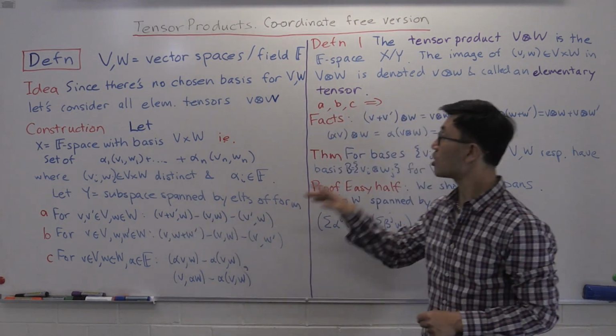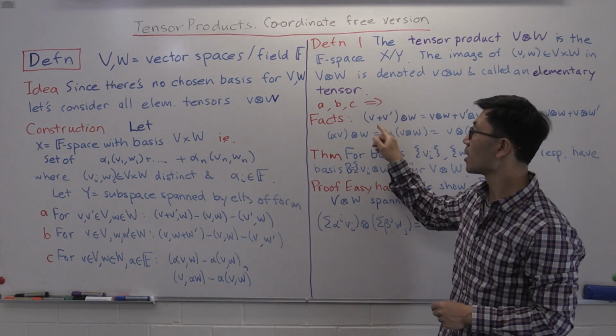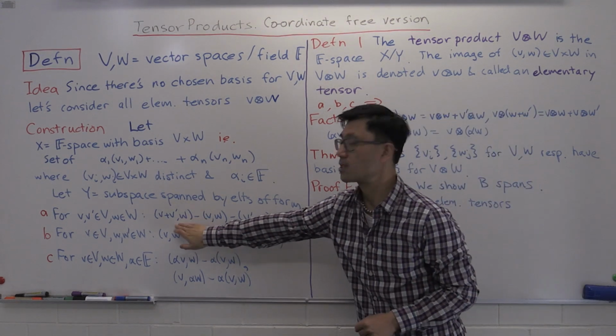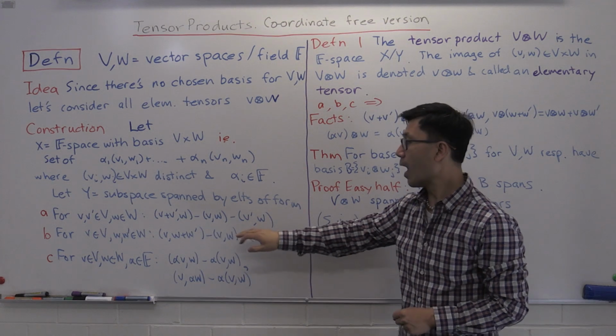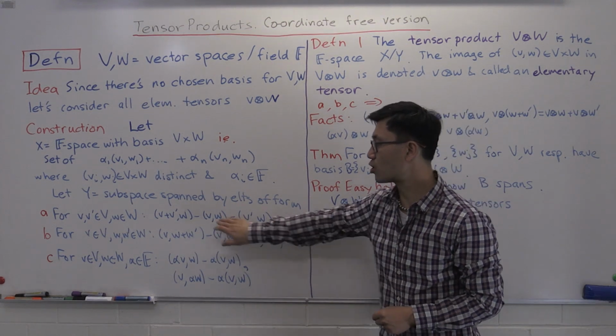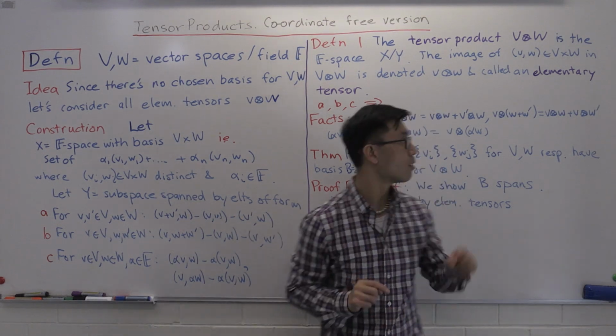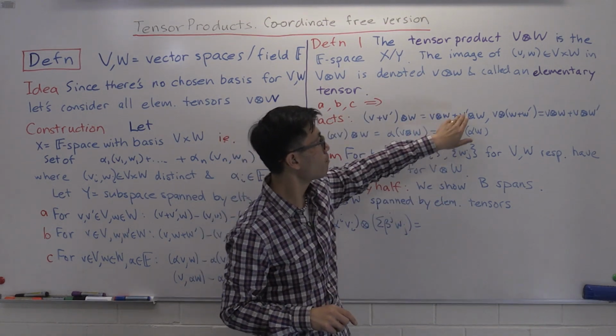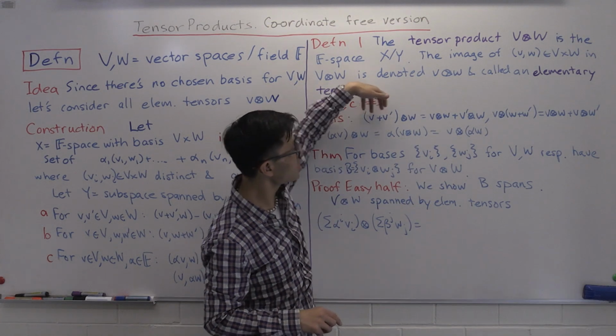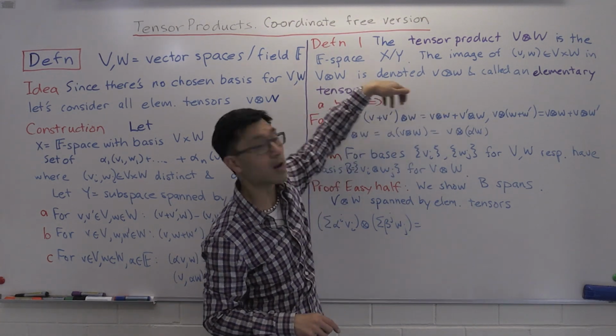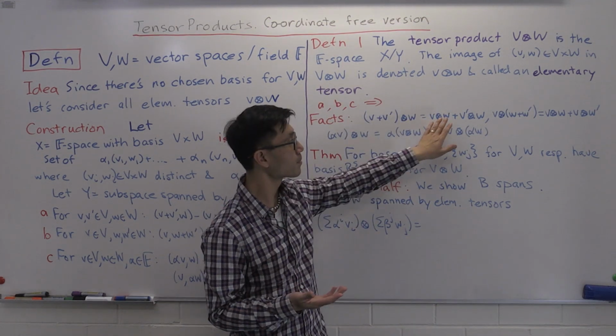It's just the elementary tensor (V plus V') tensor W. That's equal to the sum of the images of these two, which are V tensor W and V' tensor W. So here we see the left distributive law for the elementary tensor product.